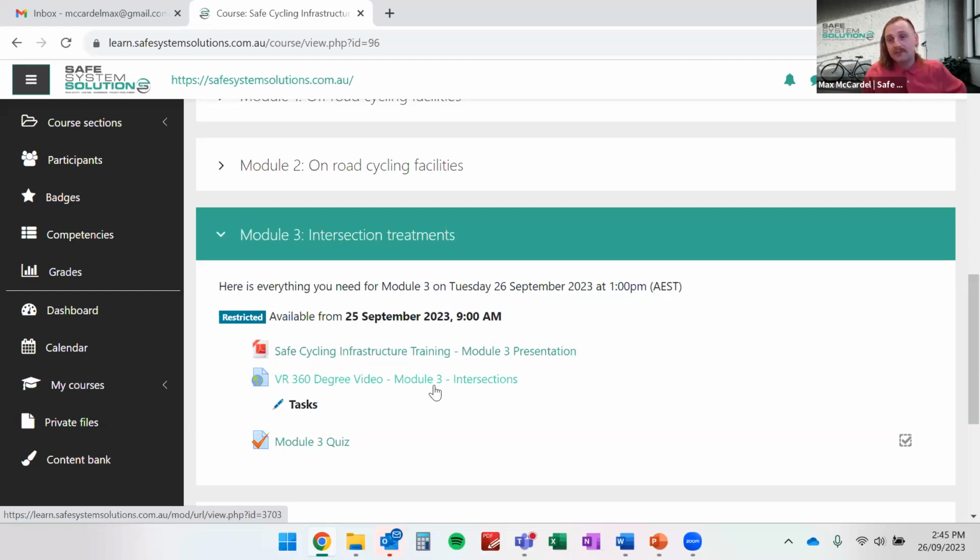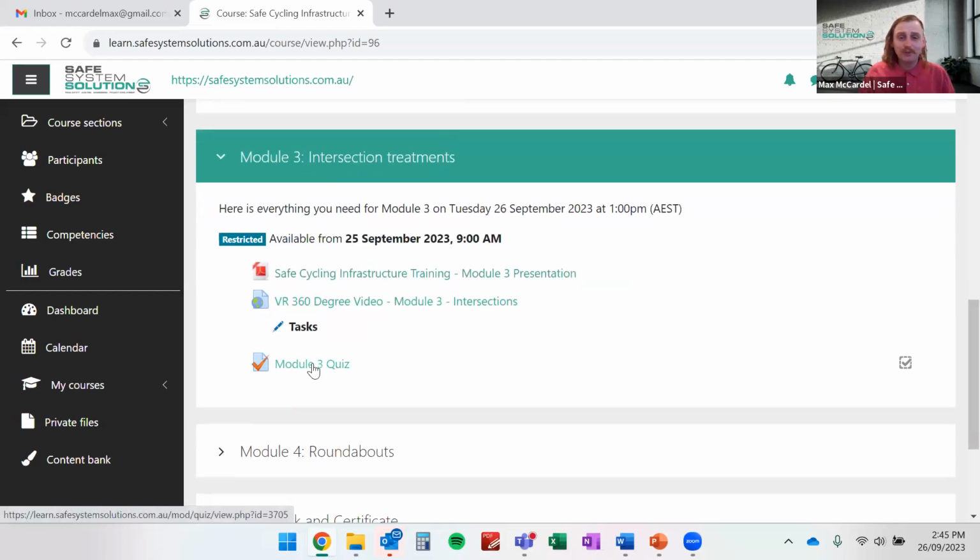You'll get to see what it feels like riding through a Melbourne protected intersection. So please have that completed by Thursday. And of course, we also have a quiz for today. Similar to the Module 1 quiz, you've got 3 opportunities to complete it. If you've got any questions or are not sure about the content, feel free to reach out.